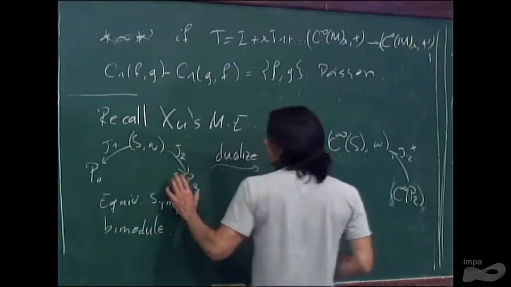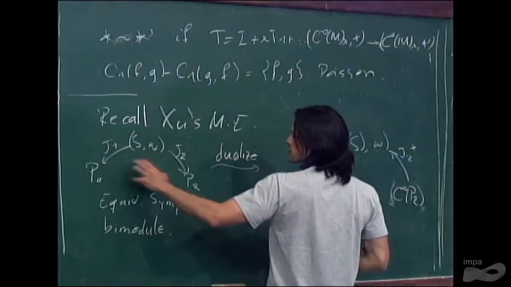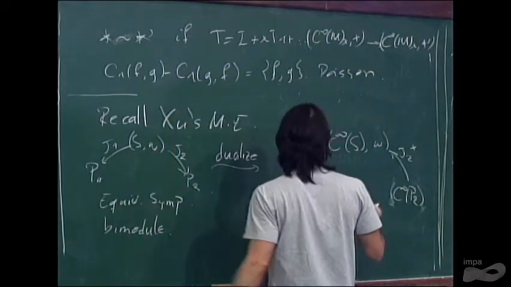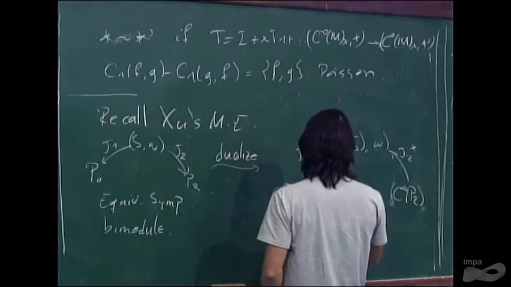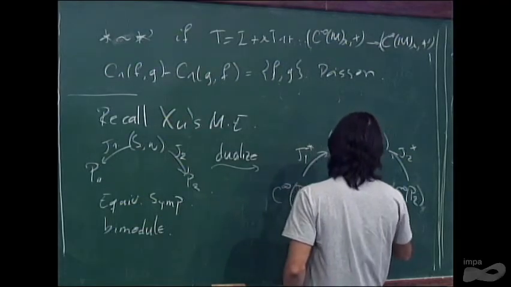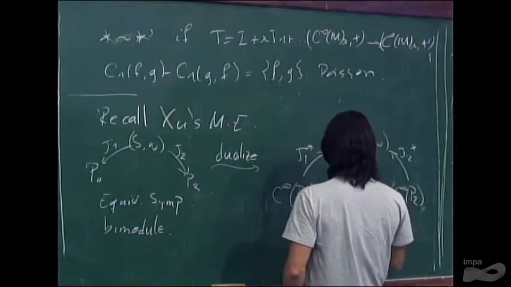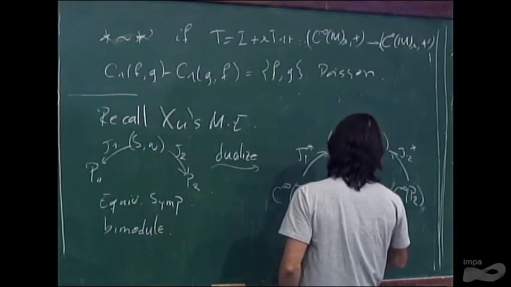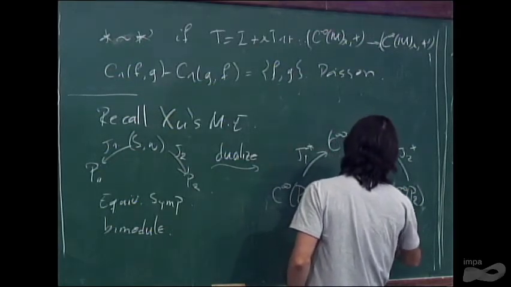And the condition of these symplectic bimodules gives you some algebraic properties, like J1 pullback is Poisson, and the other one is anti-Poisson.